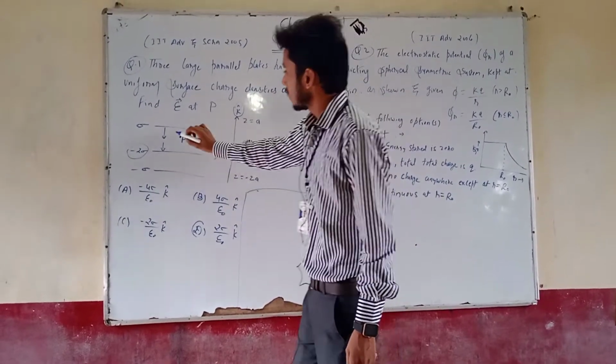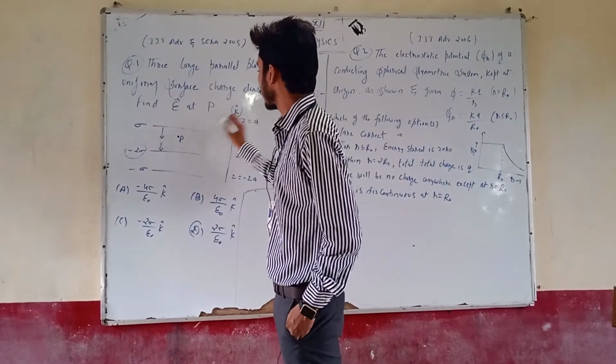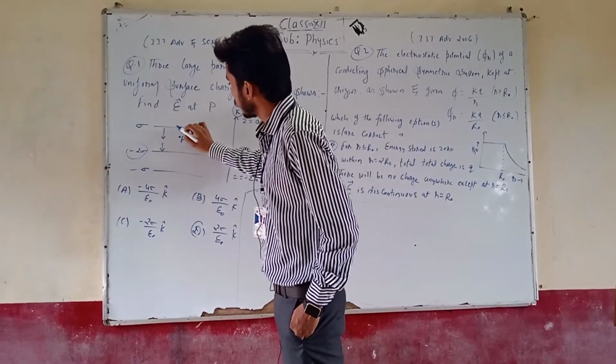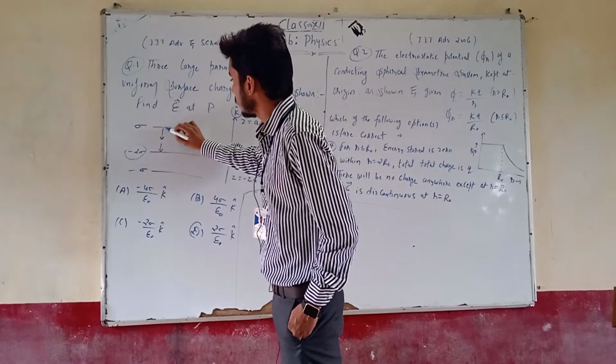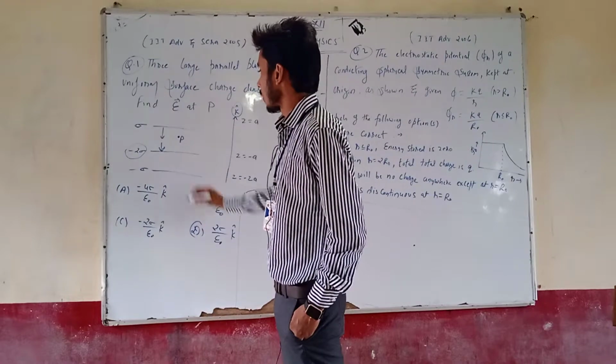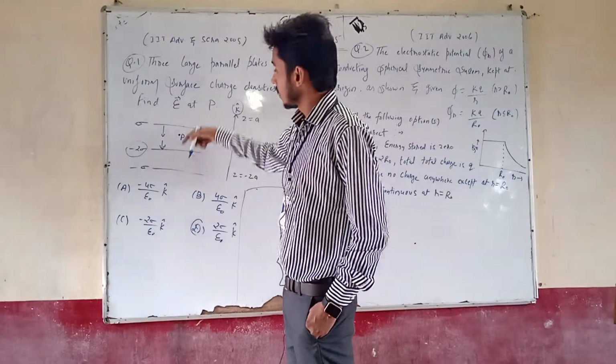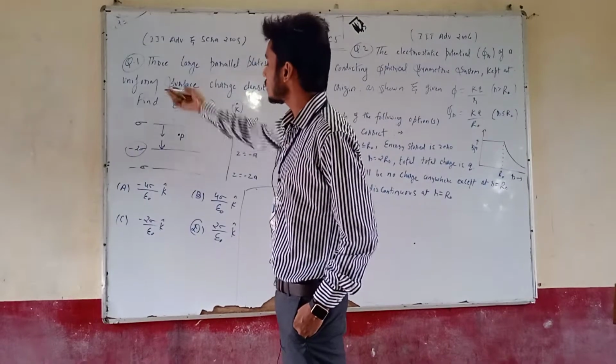So this is actually negative z direction, right? So this is negative k. Electric field due to this plate will be in this direction, and due to this plate will also be in this direction. So we will drop this minus sign since we have taken electric field in its particular direction.